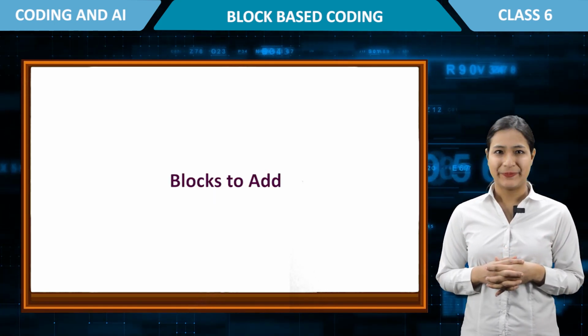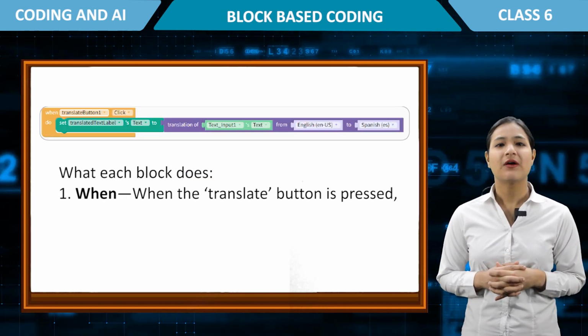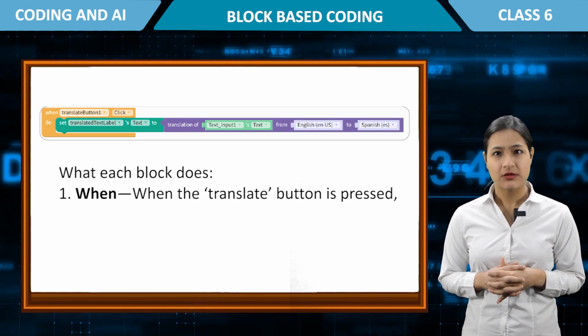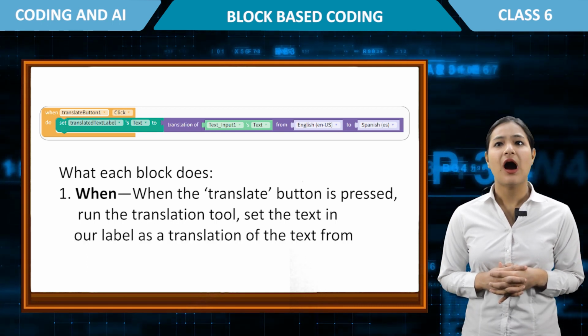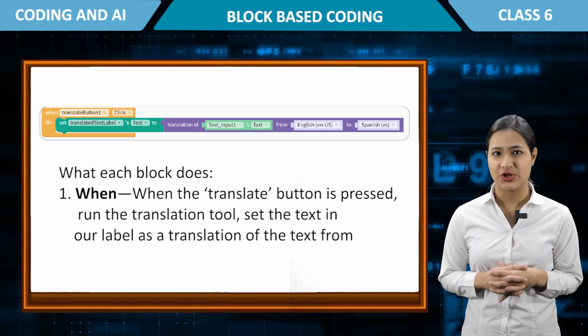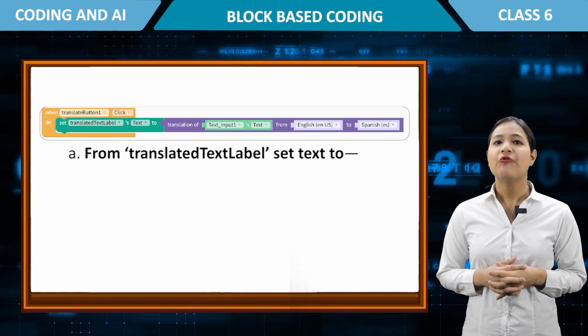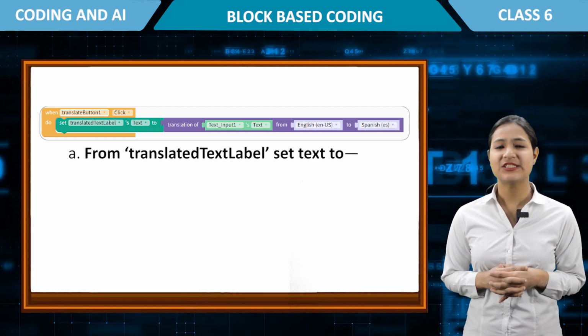Blocks to add. What each block does. First, when. When the translate button is pressed, run the translation tool. Set the text in a label as a translation of the text from the text box. A. From translated text label, set text to.